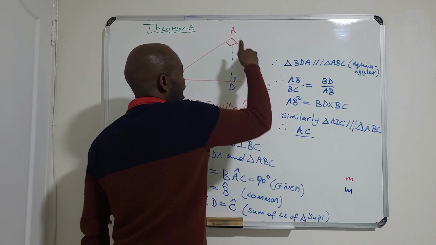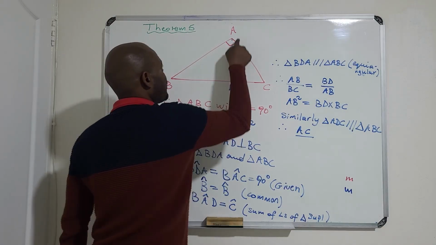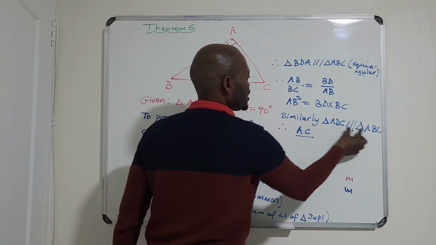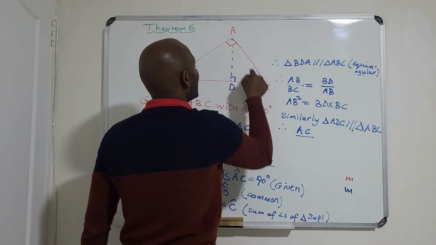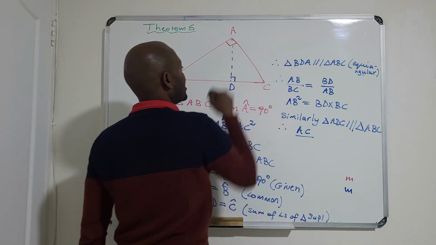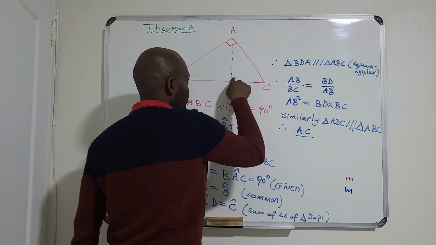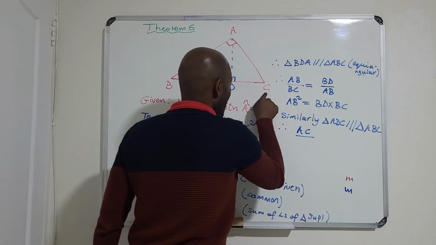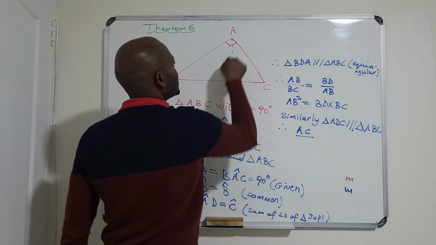That is why I say AC, but I must look at the side for this triangle, since this triangle and this triangle are similar, and this side is opposite 90 degrees, this side for this triangle is opposite 90 degrees.